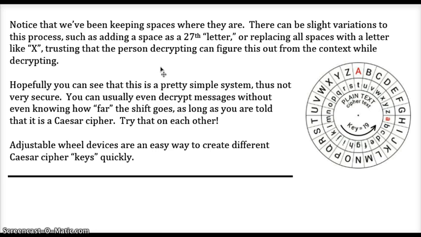Of course, computers do way more fancy stuff and keep capital letters and numbers and spaces and punctuation, all that stuff different. But even for simple Caesar ciphers, you might see spaces involved, or replacing spaces with the letter X so that the person who's decrypting has to use their human context knowledge to figure out the language.